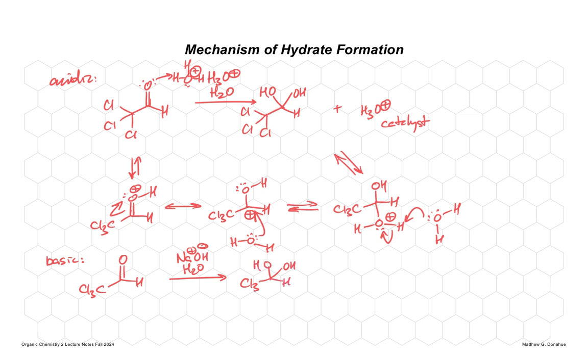But now the mechanism's a little different because hydroxide's negative. The sodium is there as a spectator ion to just balance out the charge. That negative will attack the carbonyl. We break the pi bond, and now the negative is on that oxygen that was the carbonyl.